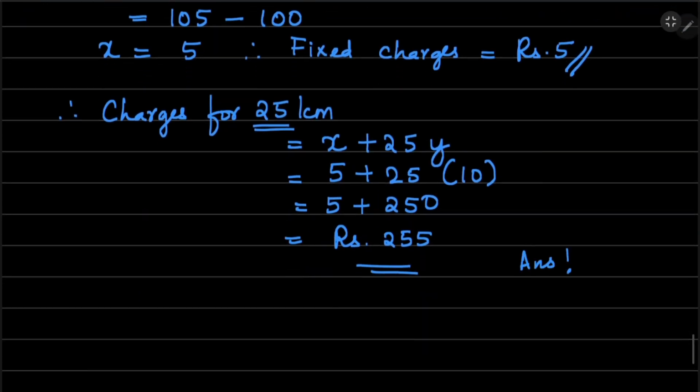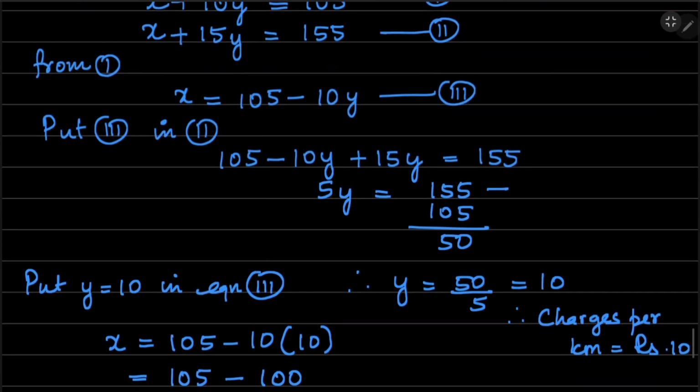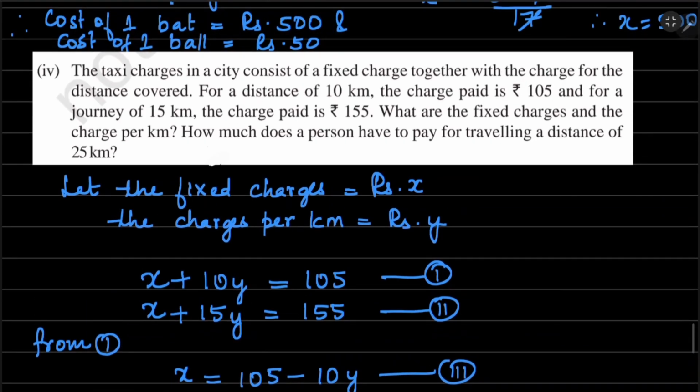Very important question. But if you have understood the concept, then it is very easy to translate or write the given sentence in terms of a linear equation. So fixed charge, and then variable charge, that is the charge per kilometer. You are just assuming them to be X and Y respectively.